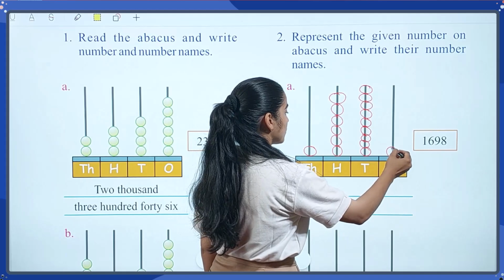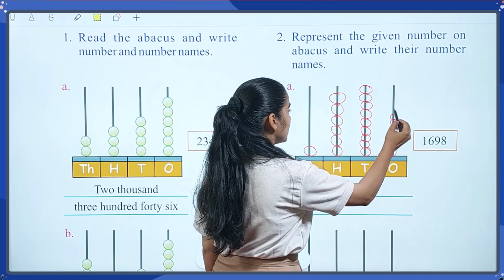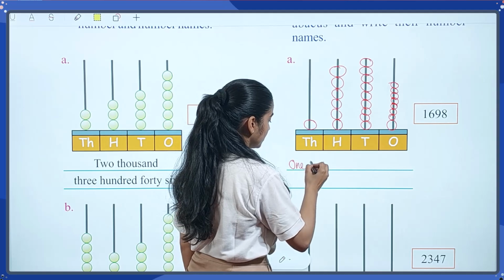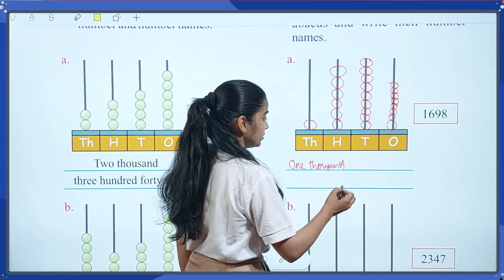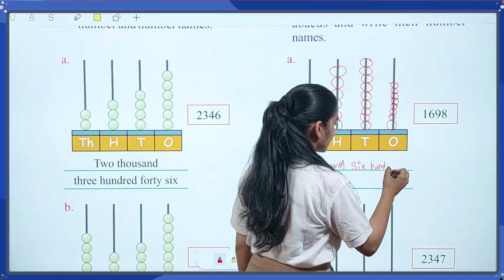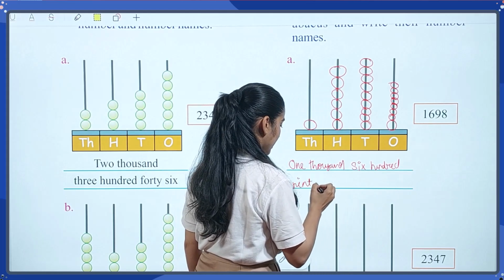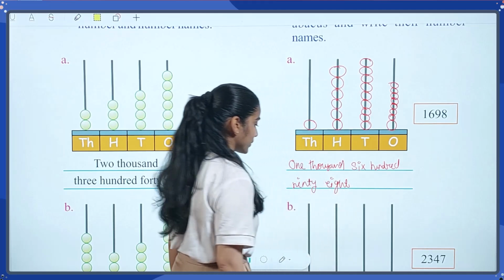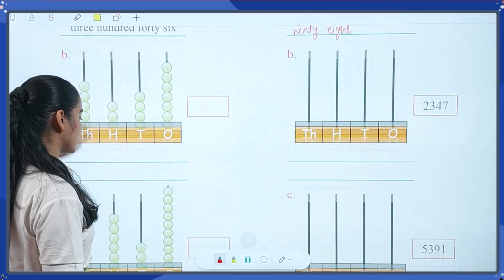Then 8 ones: 1, 2, 3, 4, 5, 6, 7, 8. So that is 1698. Students, now you can do the remaining two parts as I did.